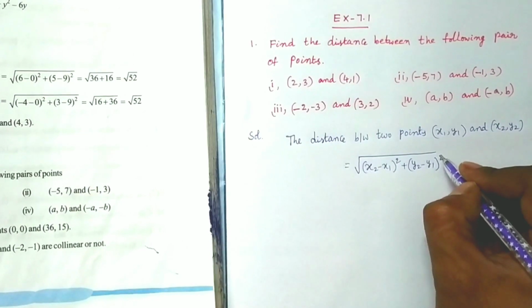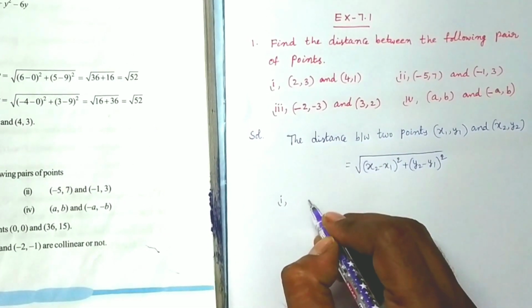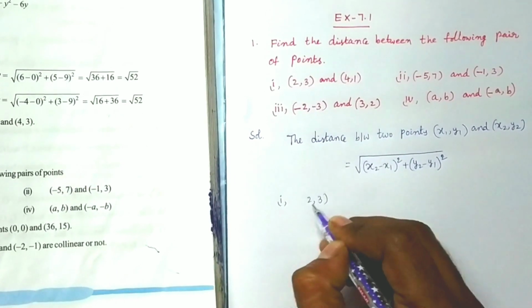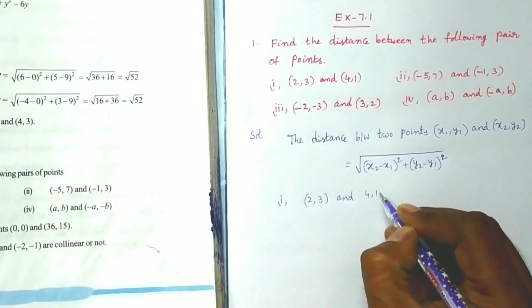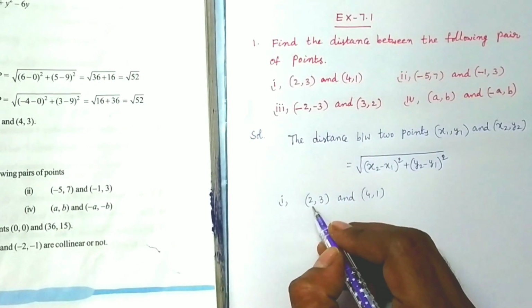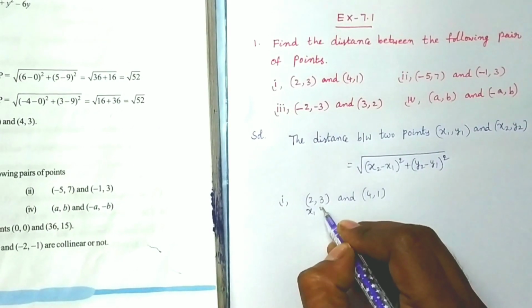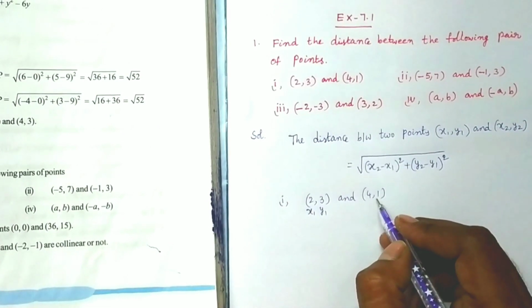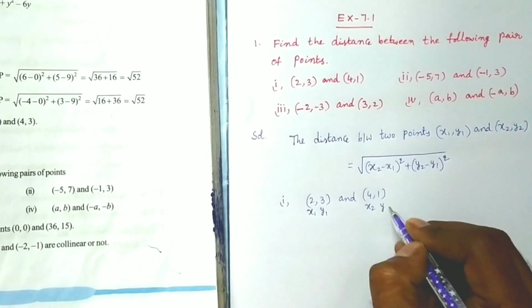So by using this formula we can solve these problems. First one is (2, 3) and (4, 1). The first x coordinate and y coordinate, take as x1 and y1. This point x coordinate as x2, y coordinate as y2.